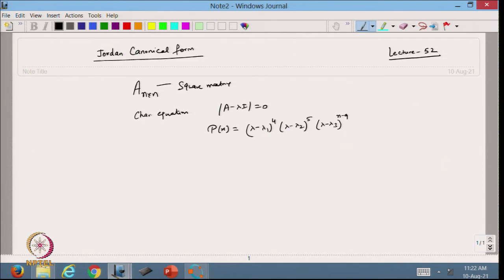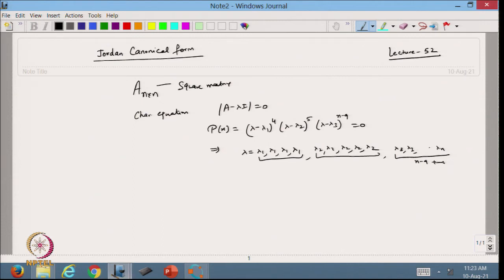So, this is the characteristic polynomial of my n cross n matrix. If I put it equal to 0, I get the roots: lambda 1 four times, lambda 2 five times, and the remaining is lambda 3, n minus 9 times.